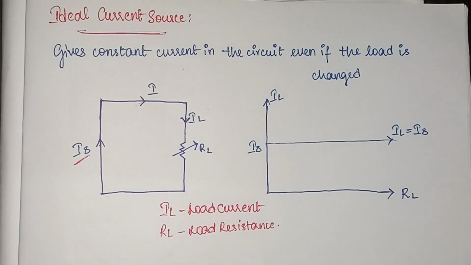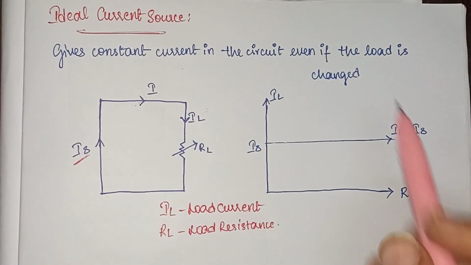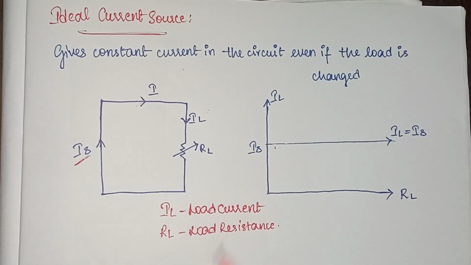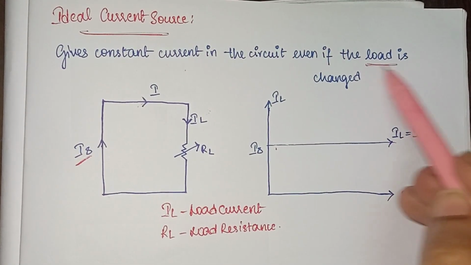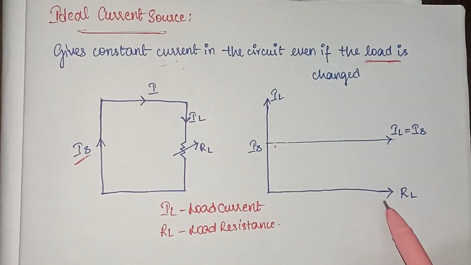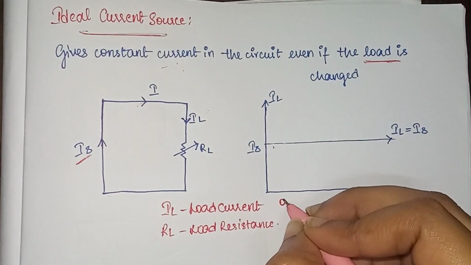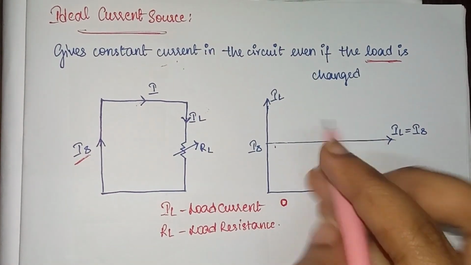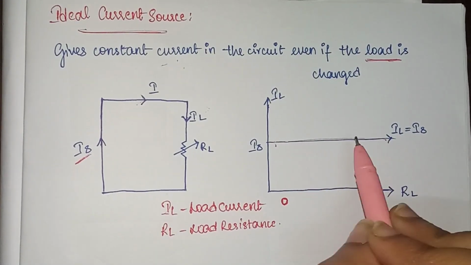Now according to the graph we can tell that if the load is changed, the current will be constant. Suppose I change my load resistance value to 0, the current will be constant, there will be no change.